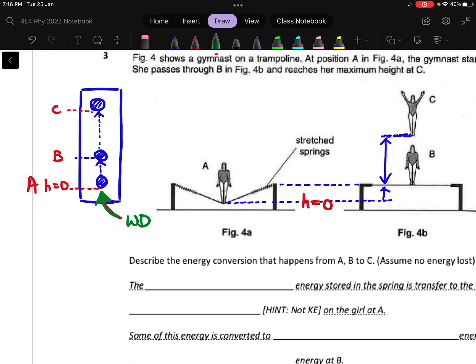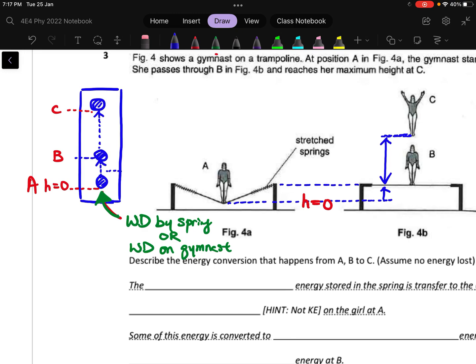So you can say that this is either work done by the spring, or work done on the gymnast. Up to you. After this work done, obviously the gymnast will move.